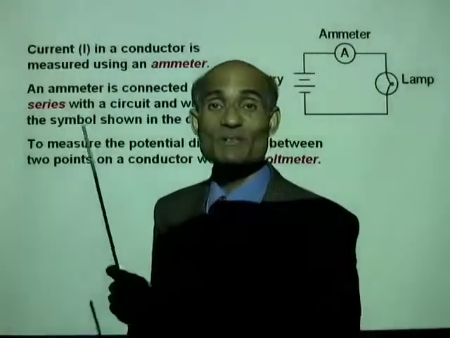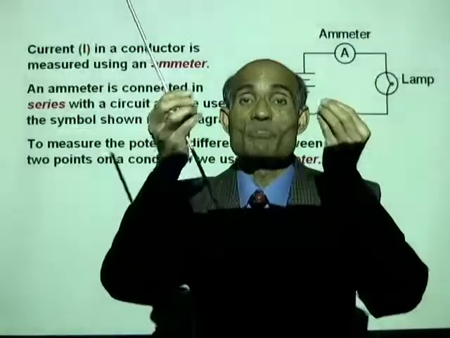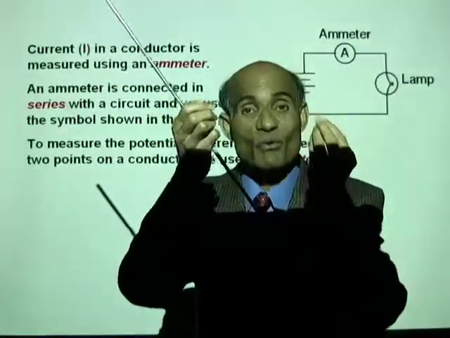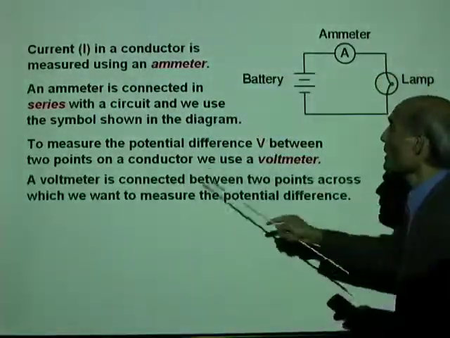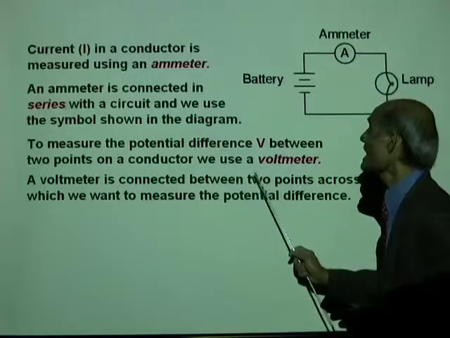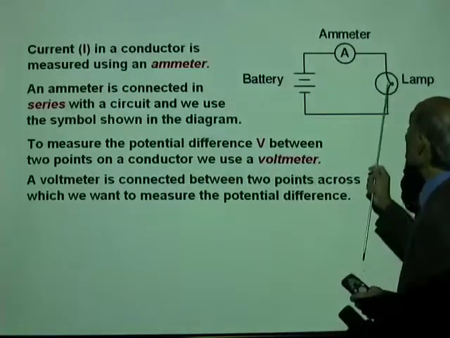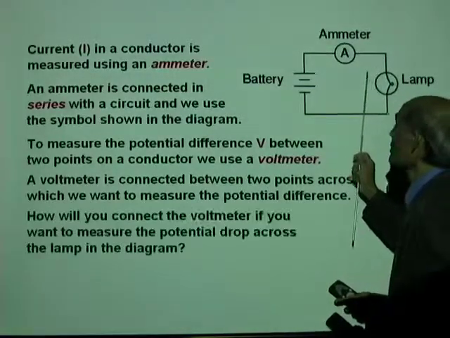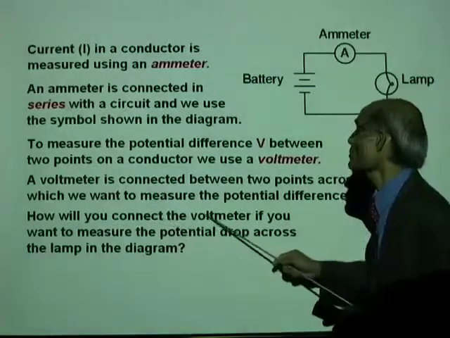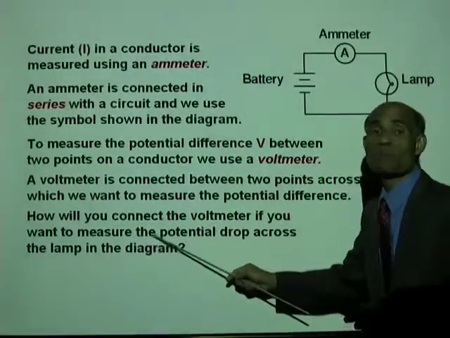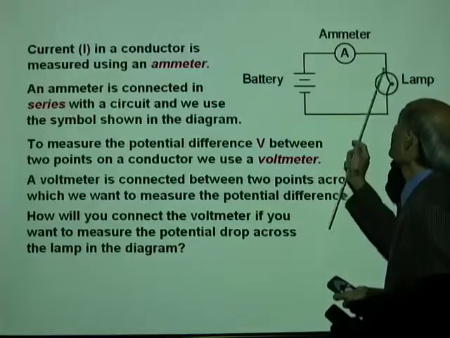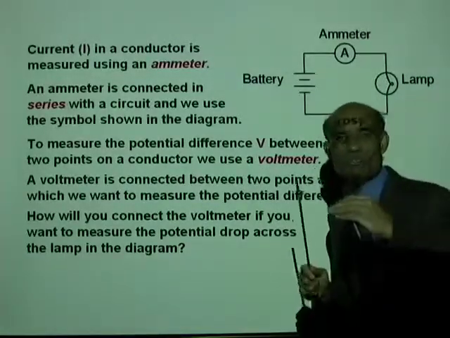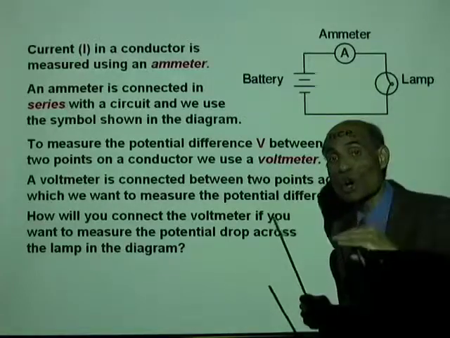A voltmeter is always connected between the 2 points where you want to measure the potential difference. So a voltmeter is actually connected in parallel. You see that? Now how will you connect the voltmeter if you want to measure the potential drop across the lamp?